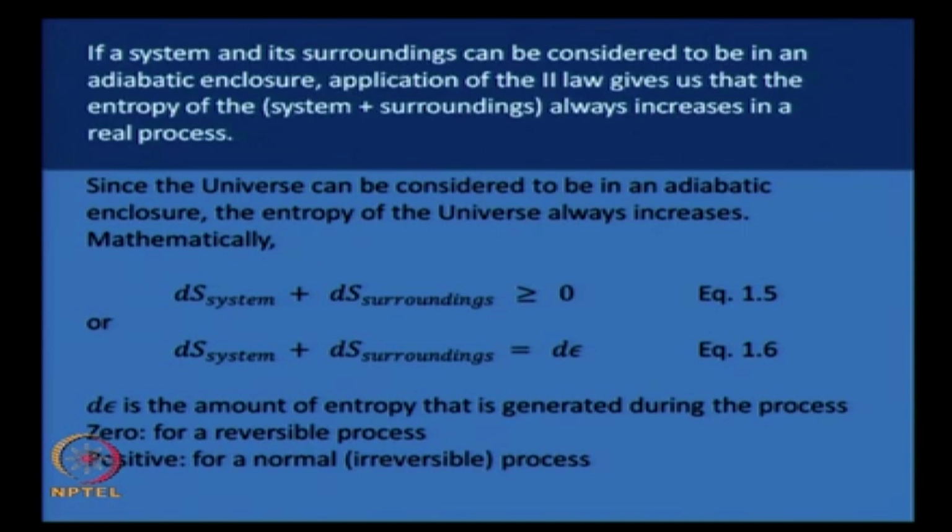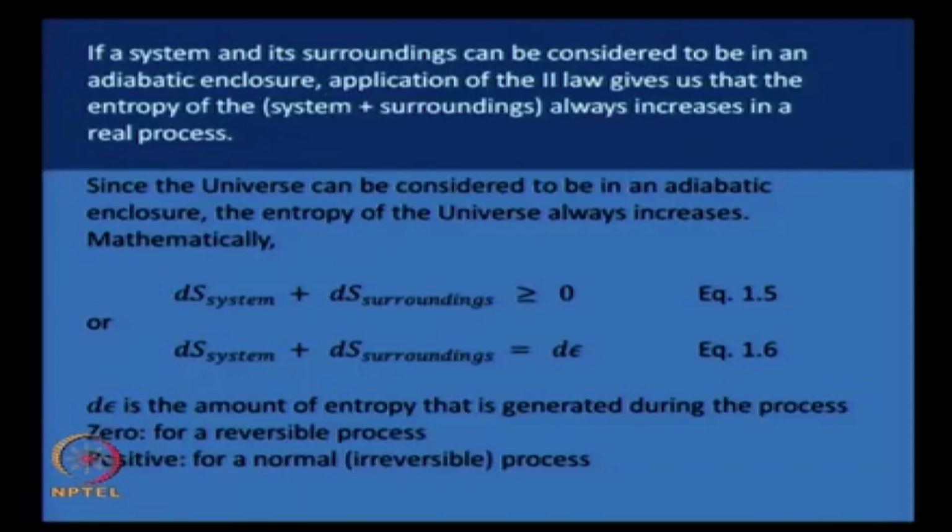Now the universe itself can be taken to be in an adiabatic enclosure because the universe contains everything. There is nothing beyond the universe, so the whole thing can be considered to be in an adiabatic enclosure, which means there is no heat interaction. For the universe as a whole, the entropy of the universe always increases.